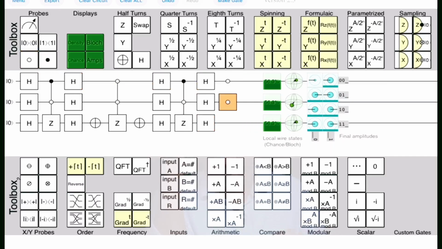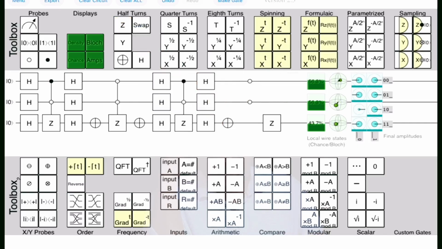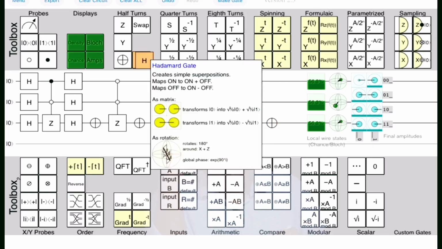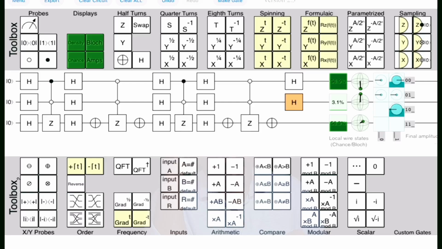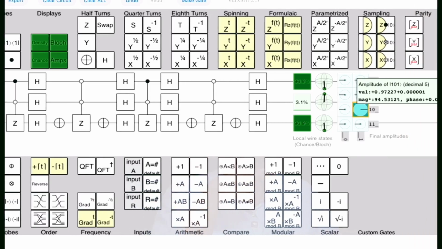This will invert the amplitudes of 0 state, and after that again Hadamard. Now check, exactly same, 0.97227.